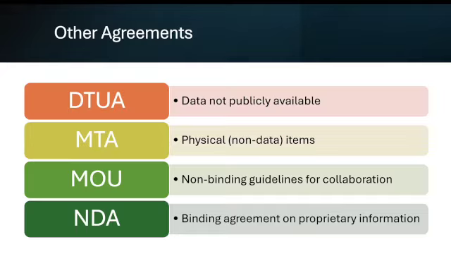A DUA or a DTUA, a data use agreement or a data transfer use agreement, is for data that are not publicly available. So any data that you are obtaining from sources that have restrictions on the data use, for instance, I have data use agreements with the State Department of Public Health. Those are signed on my behalf by the university and by the state.